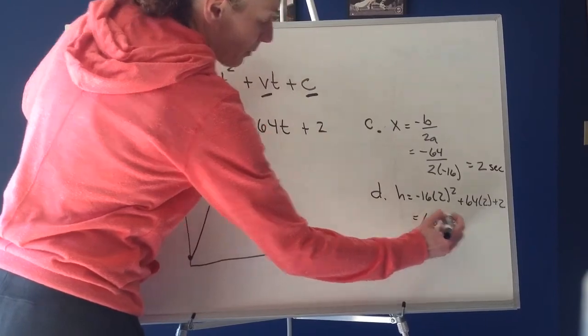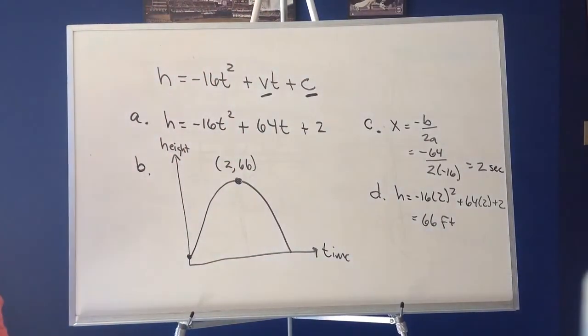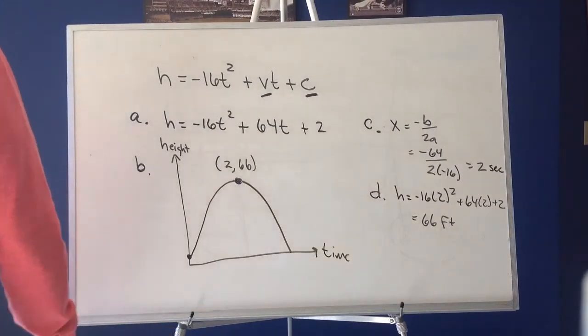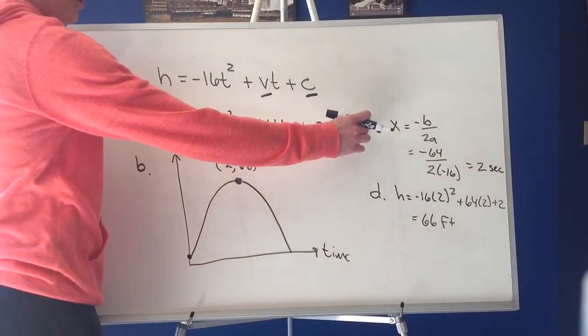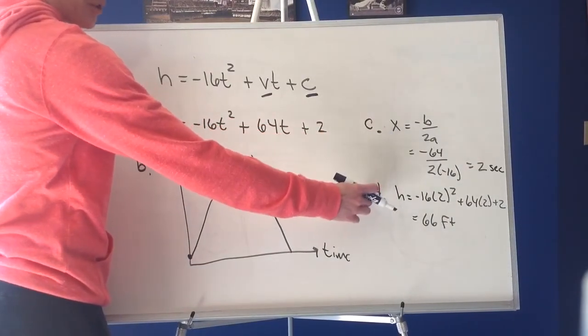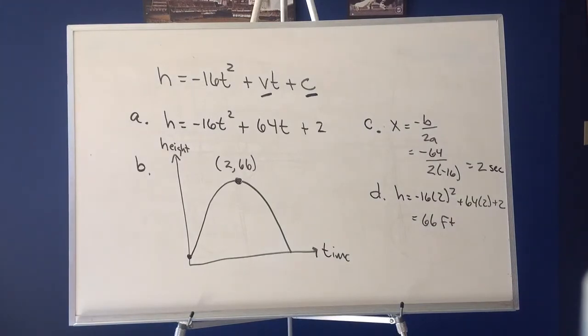That means the ball went 66 feet in the air at the 2-second mark. You have part E, which is the range. I'm not going to worry about that one right now. I just wanted to show you how the axis of symmetry and the vertex can be used in time and height. And that's actually where it's used a lot. So just wanted to give you guys a chance for that.